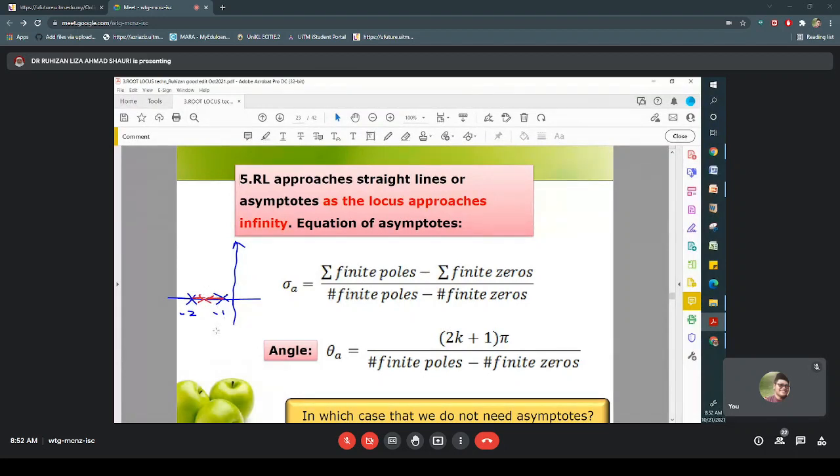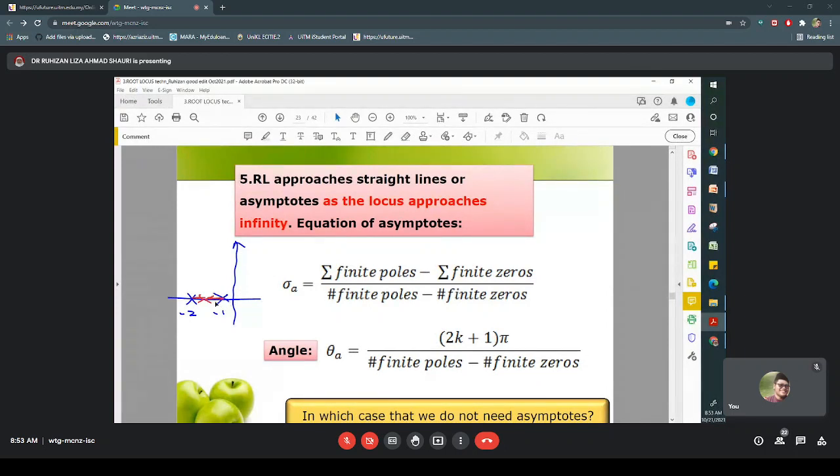But is there any finite zero to go to? There is none. It's not finite, right? For this system, you don't have a zero.